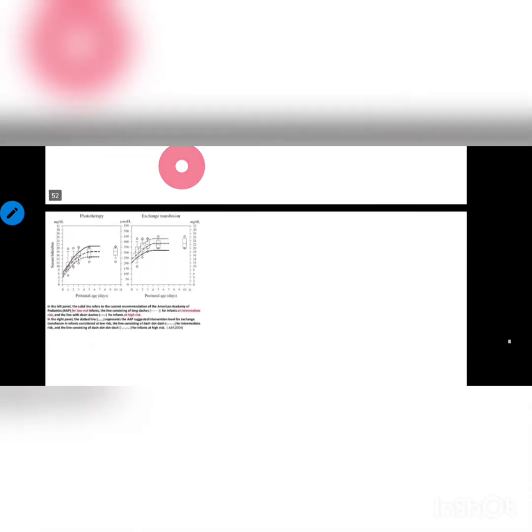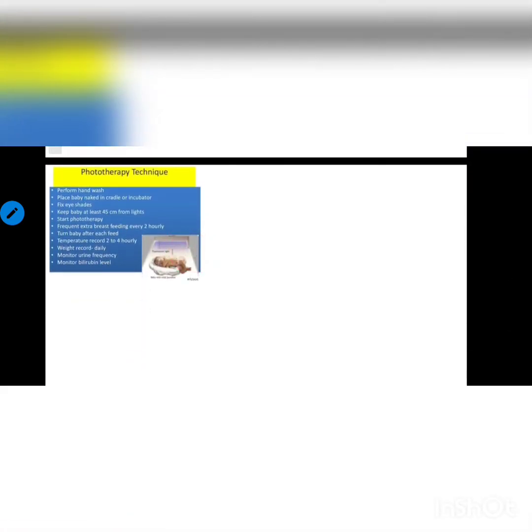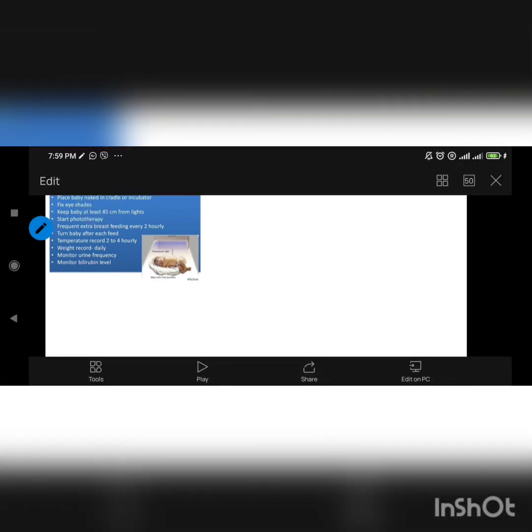So the guidelines for phototherapy in hospitalized infants of 35 or more weeks gestation, you can see here. So the phototherapy technique: you should perform hand wash, place the baby naked in a cradle or incubator, fix eye shades, and keep the baby at least 45 centimeter from lights.